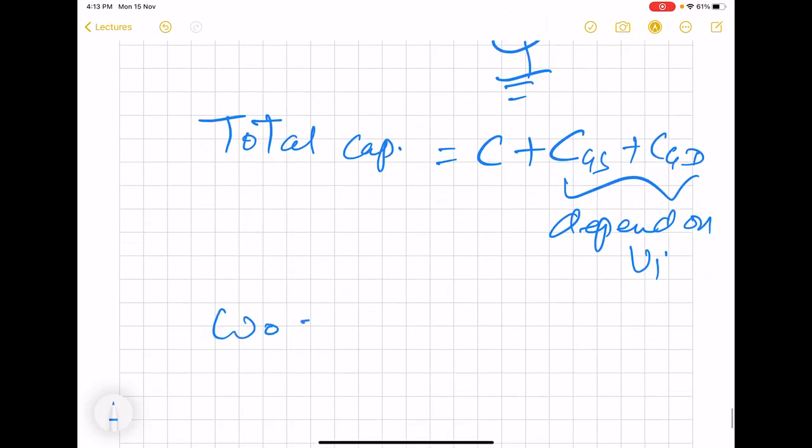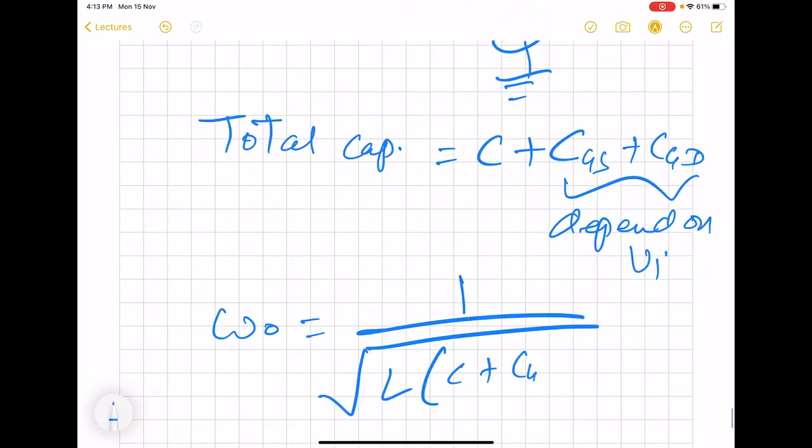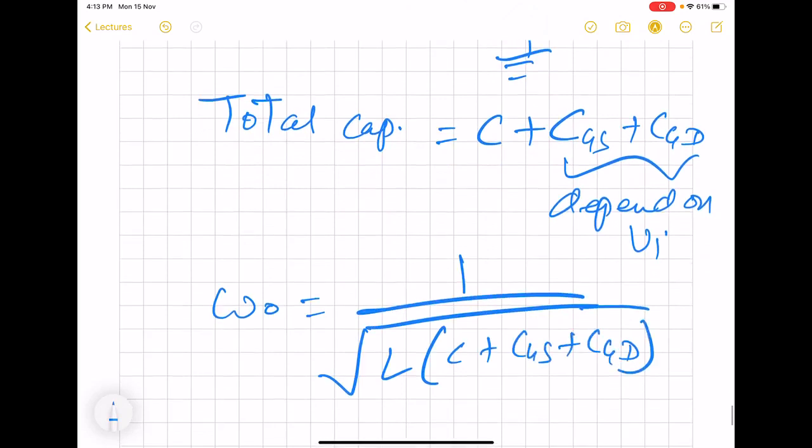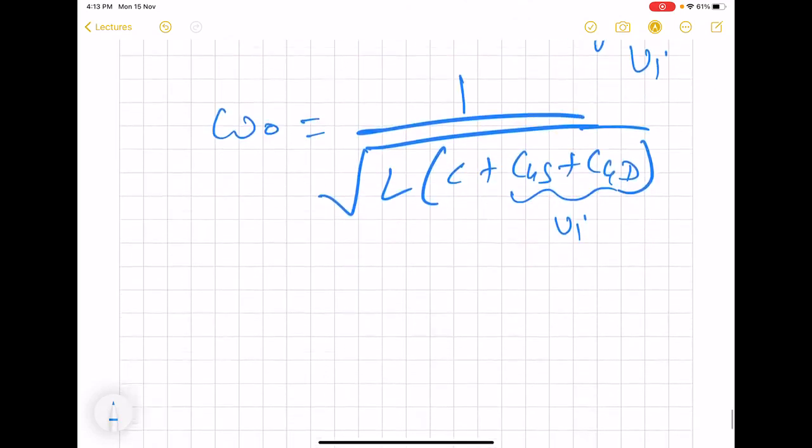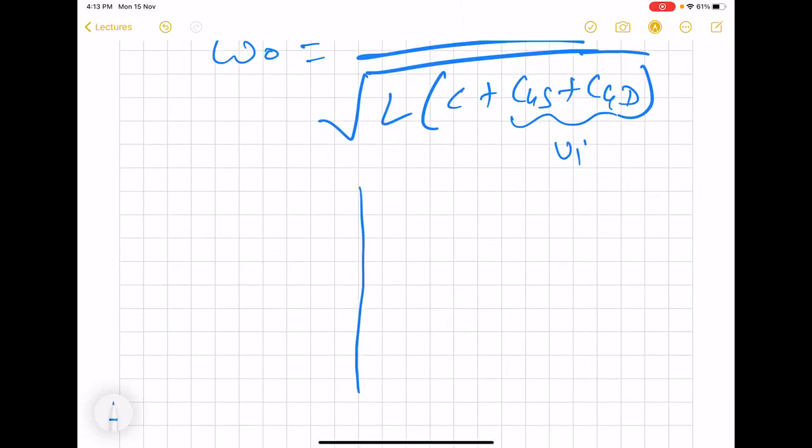So now the omega naught is 1 by square root of L times C plus CGS plus CGD, and these can be varied with VI. So one can change the oscillation frequency. These capacitors will vary in this way, typically like this.